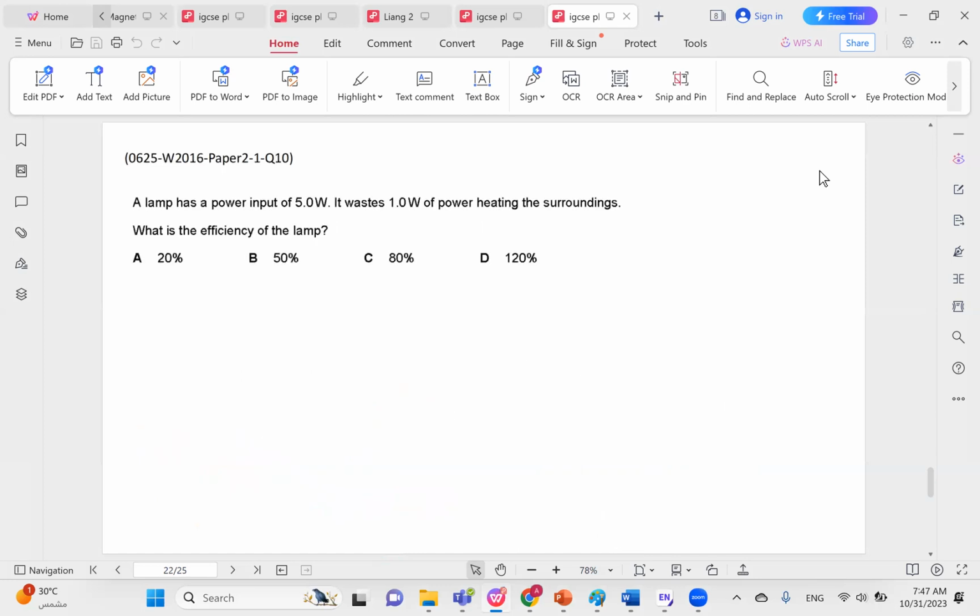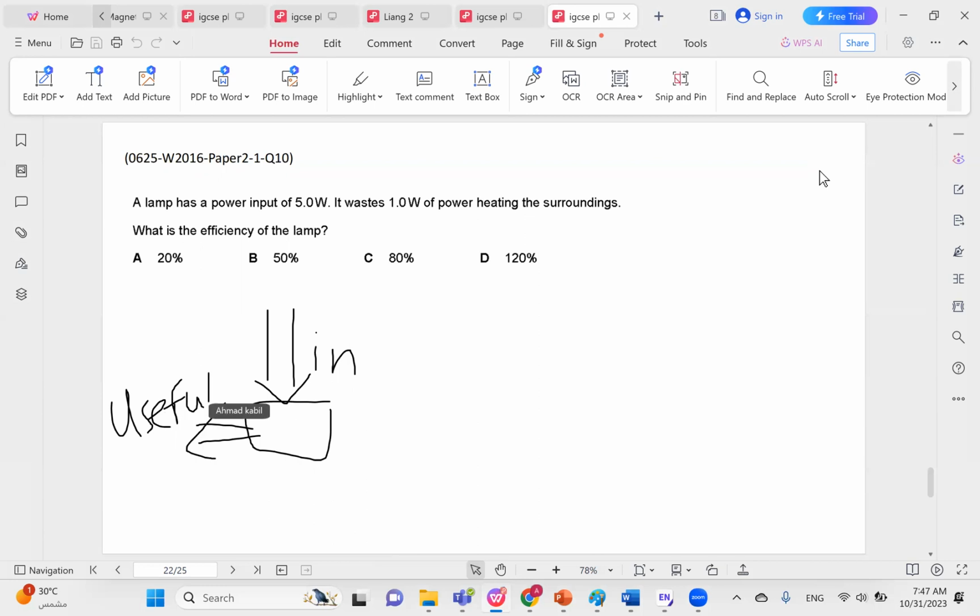A lamp has a power input of 5. It wastes 1 watt of power heating the surroundings. What is the efficiency of the lamp? So as with previous diagrams, you have input energy, and then you have useful energy, and wasted energy. And of course, the total in must equal the total out.